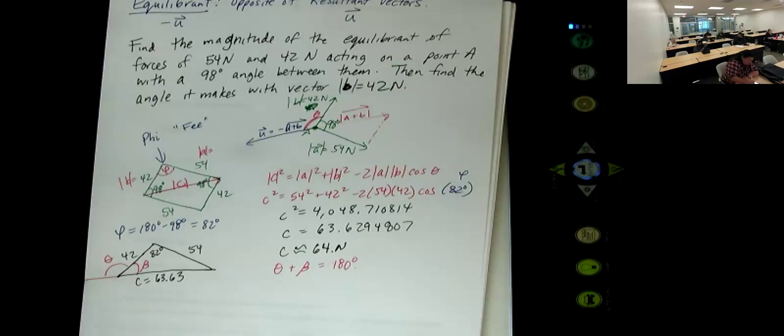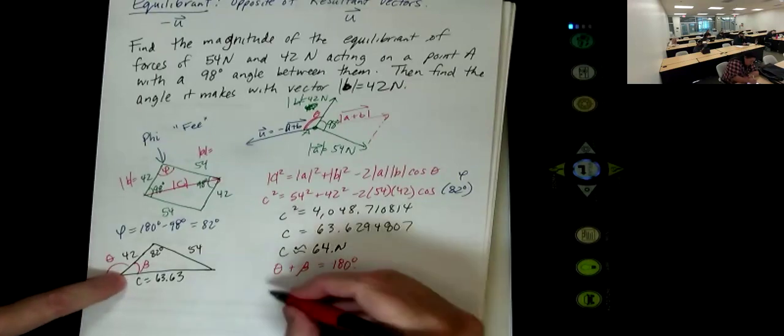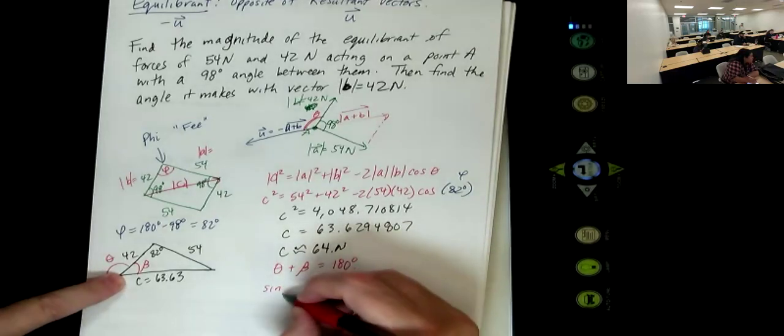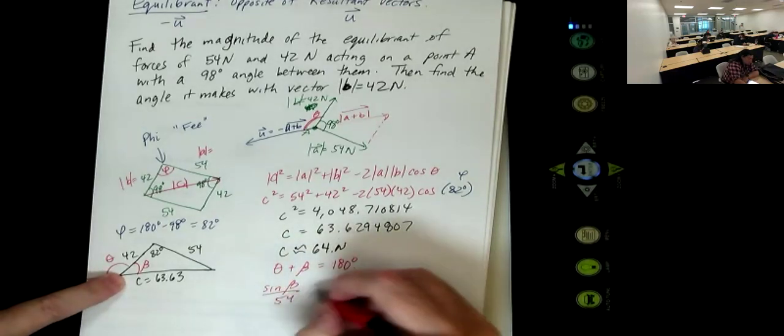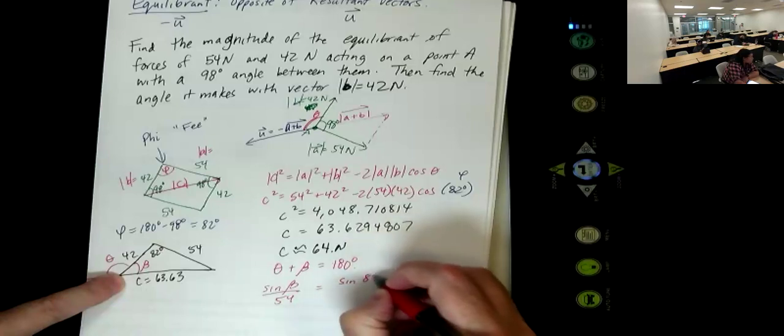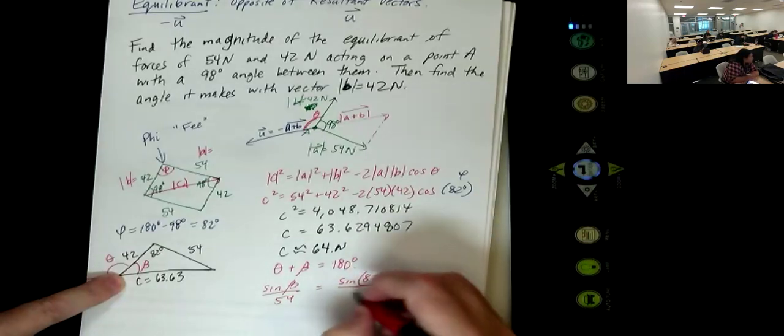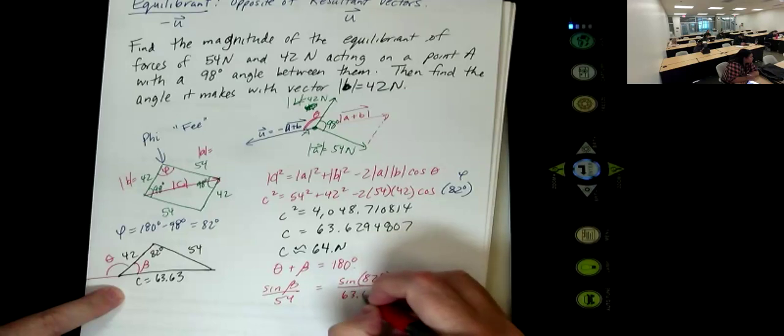Now I have access to the easier formula that we've gone over, the law of sines. I want sine of beta over 54 equals sine of 82 over 63.63.